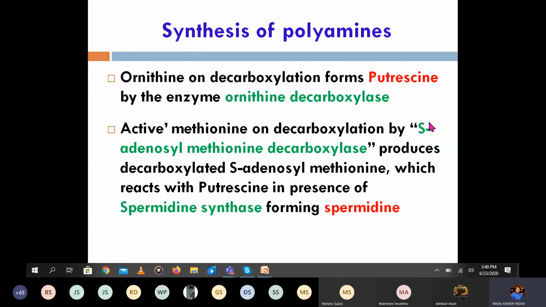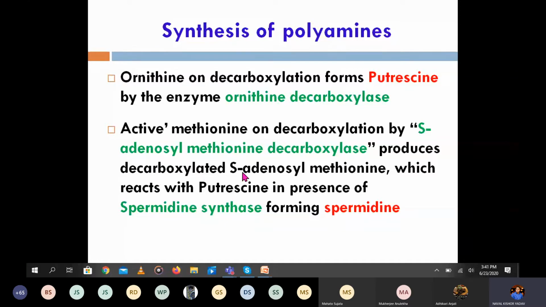Again I will repeat the same thing. Ornithine undergoes decarboxylation with the help of ornithine decarboxylase to form putrescine. Putrescine reacts with decarboxylated S-adenosyl methionine to form spermidine with the help of spermidine synthase.